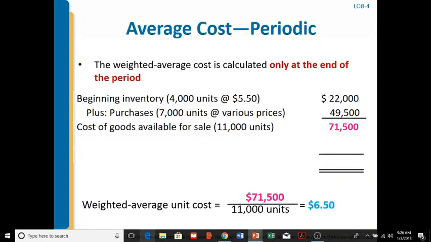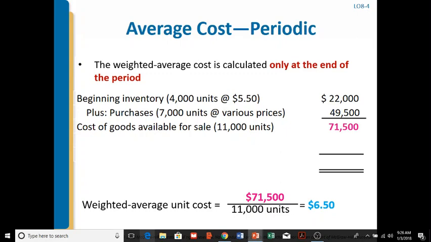All right, so here's our running example, using the average cost method. Now this is for a company that would have a periodic inventory system. We'll look in a second at how you would do this with a perpetual inventory system.